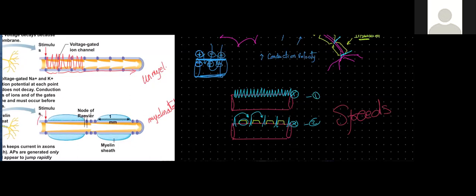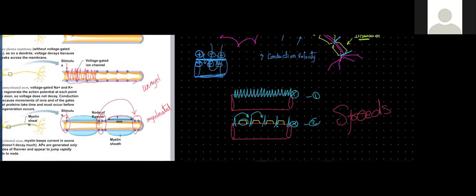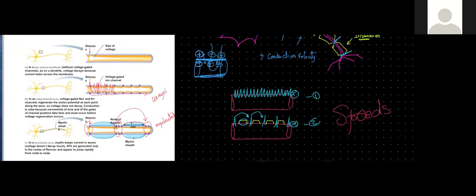But compared to here in myelinated nerve fibers, you're only opening and closing the channels at the nodes of Ranvier, because those parts are covered with myelin sheaths, which won't allow the electrical conduction. We're going to be jumping from one node of Ranvier to the next node of Ranvier, allowing faster electrical signal conduction.